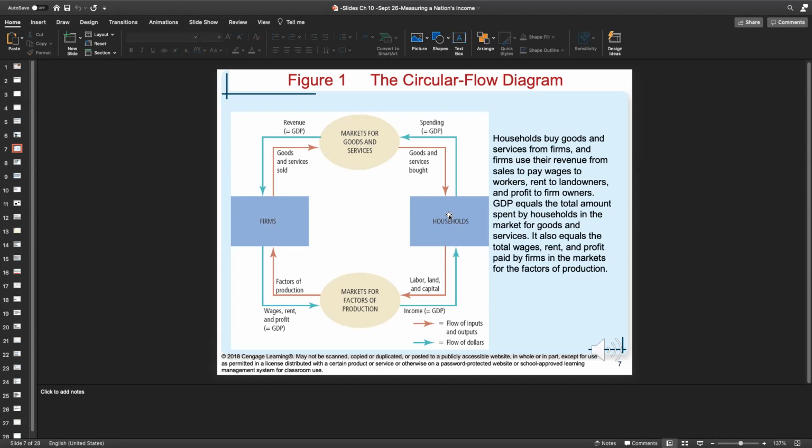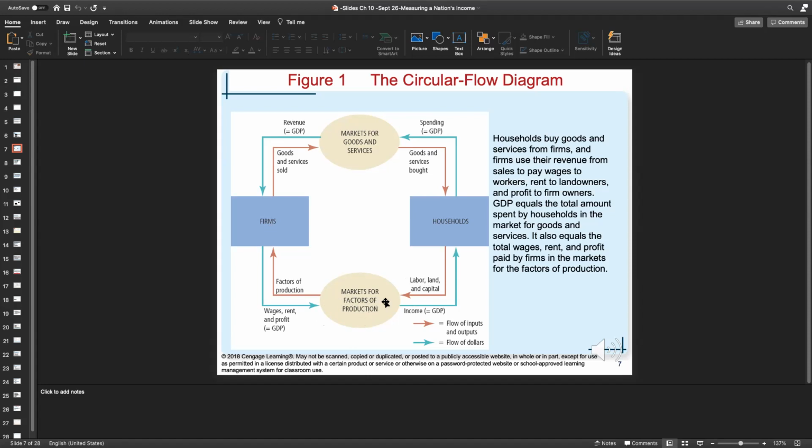Now, in return, the households supply their labor, land, and capital to the firms in the market for factors of production.